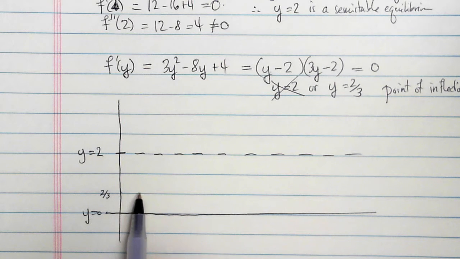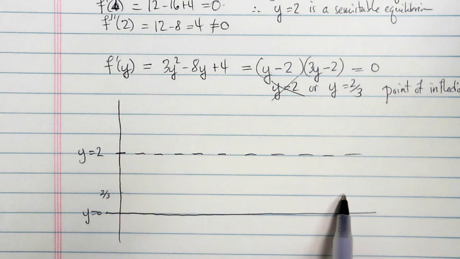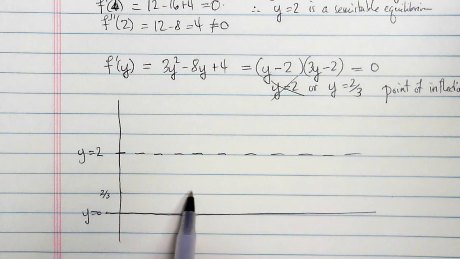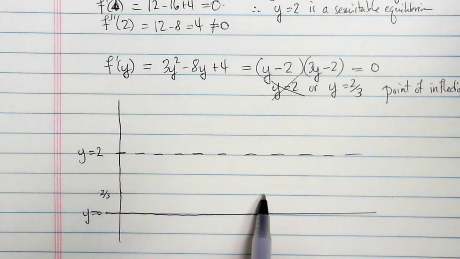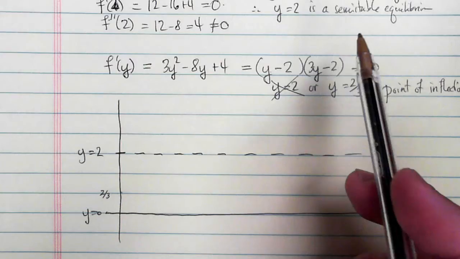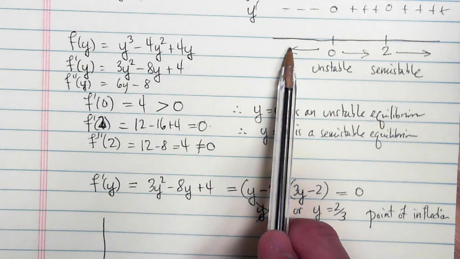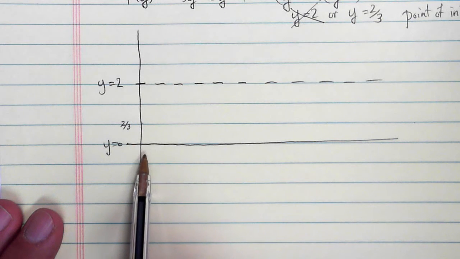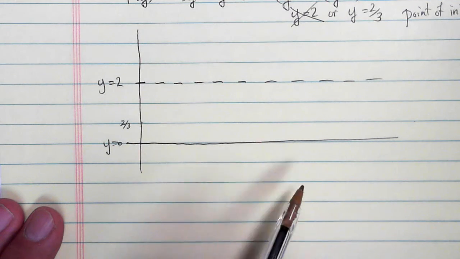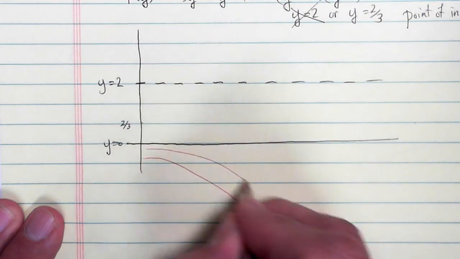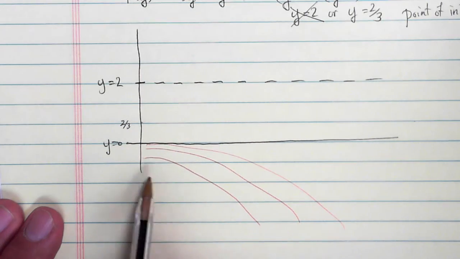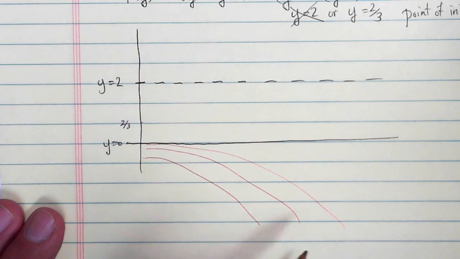So anytime I cross this line right here, it's going to change concavity from concave up to concave down, or vice versa, depending on the solution. Okay, so let's start sketching. To the left of 0, the graph is decreasing. So if I'm below 0, the graph is decreasing. So it's got to go something like this, and there are no points of inflection on this side, so it's strictly just going down.